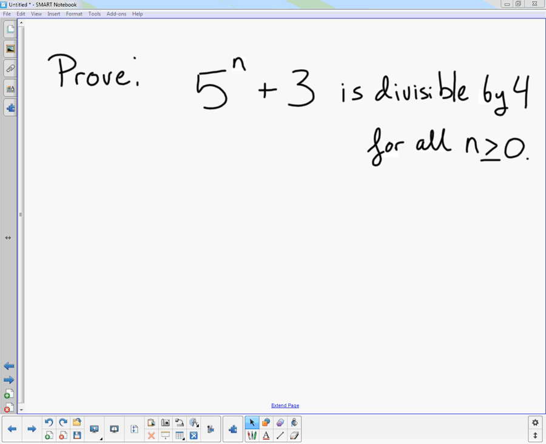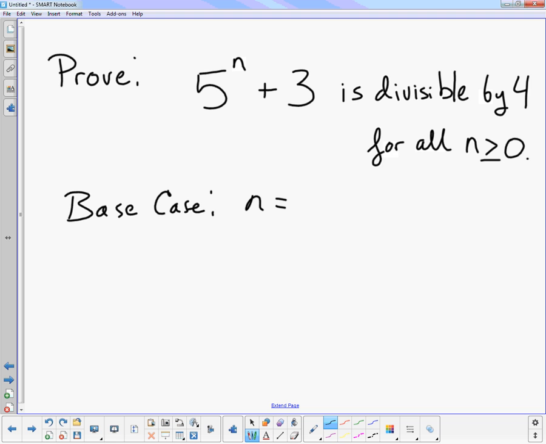Well, that and that, first of all, if you multiply that out and then factor out the 4, you get something that is an integer. So base case. So 5 to the 0th plus 3 is divisible by 4.